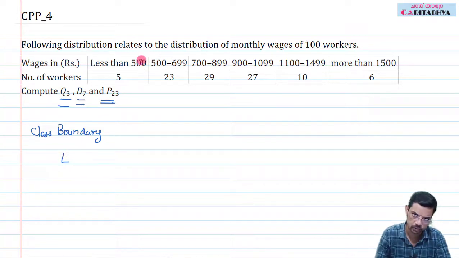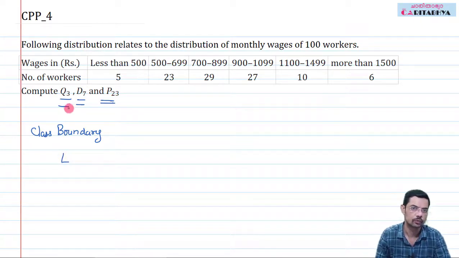This is not exclusive. We need to convert them into exclusive. We can see here that this is 899, this is 900, so in between it is not connected. So we need to make them exclusive class intervals. So 499.50 will be the boundary point of this class.